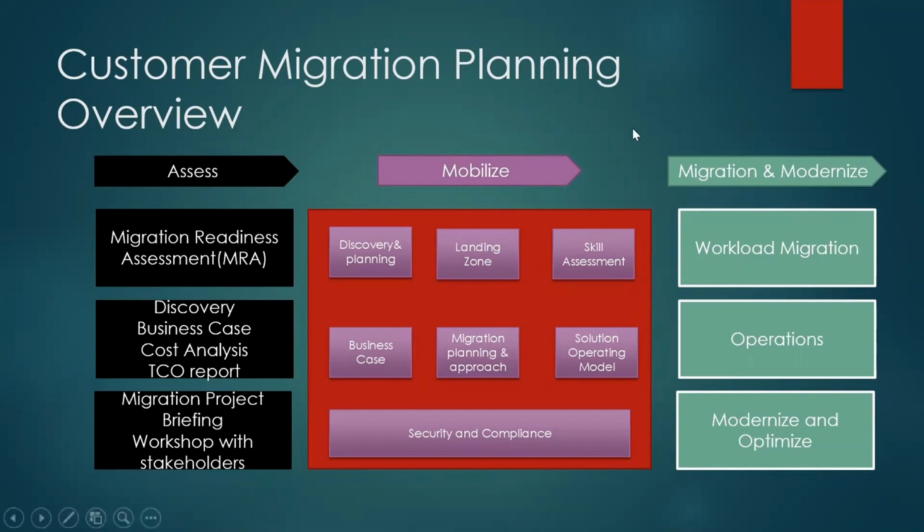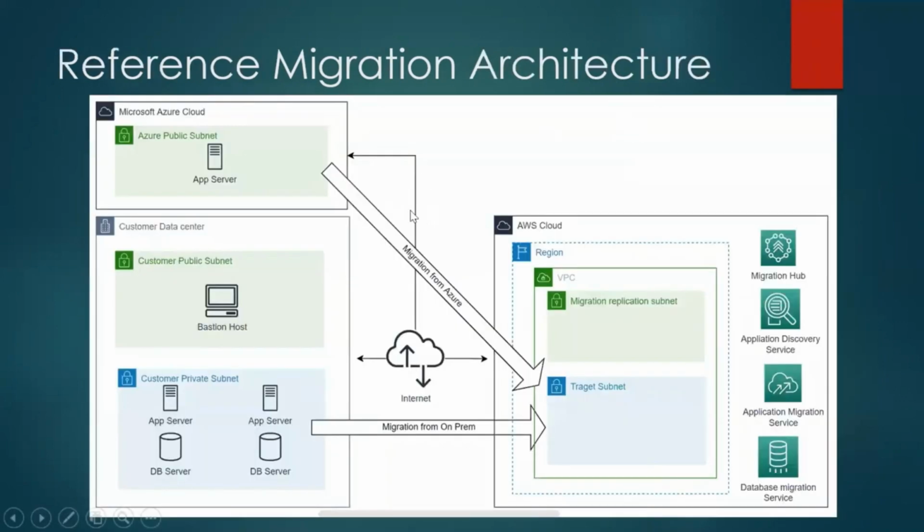So let's move forward. This is the reference architecture that I am going to use in this series of videos, where we will talk about the migration. Although we do not have a current customer data center in place, we will create this environment on AWS itself, and we will create one target environment on AWS itself.